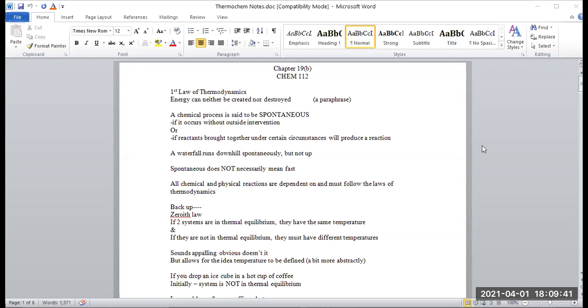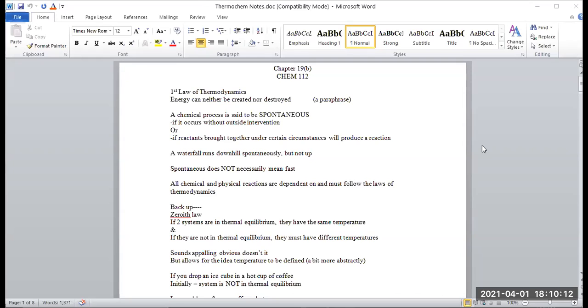Spontaneous doesn't mean fast. Glaciers are spontaneous. They sit there and do their thing one inch per year over thousands of years. Nobody has to interfere. They just do it. Of course, these days, global warming is a factor, but on a geological scale, glacier movement is spontaneous.